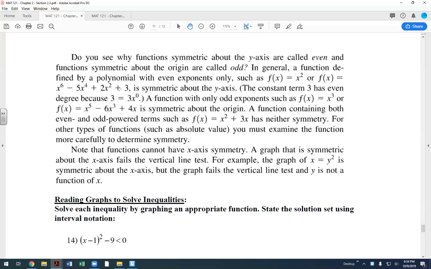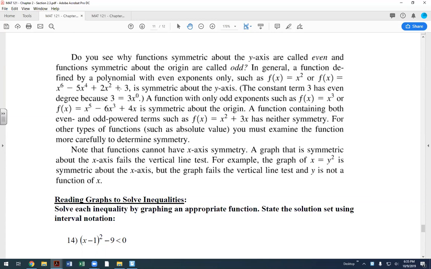Now this plus 3, it's kind of interesting because you can think about that as being 3 times x to the 0 exponent, and even though normally we don't think of 0 as being an odd or an even number, in this case we're assuming that 0 is an even number. So that means I have an even exponent here, here, here, and on that plus 3, which means since all my exponents are even, this function is even.